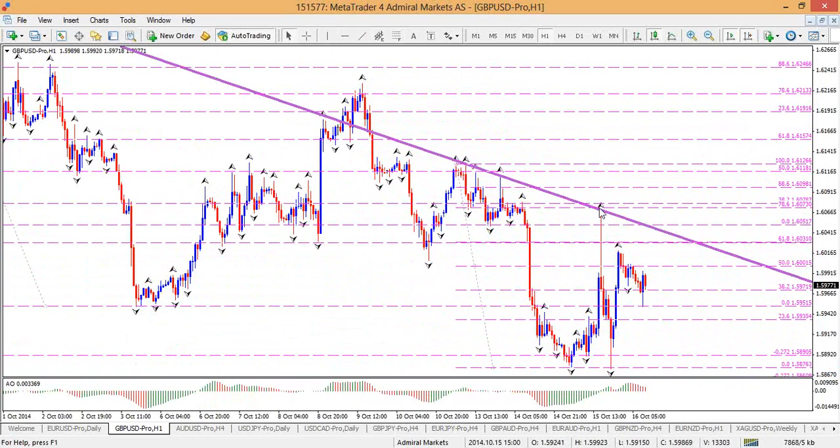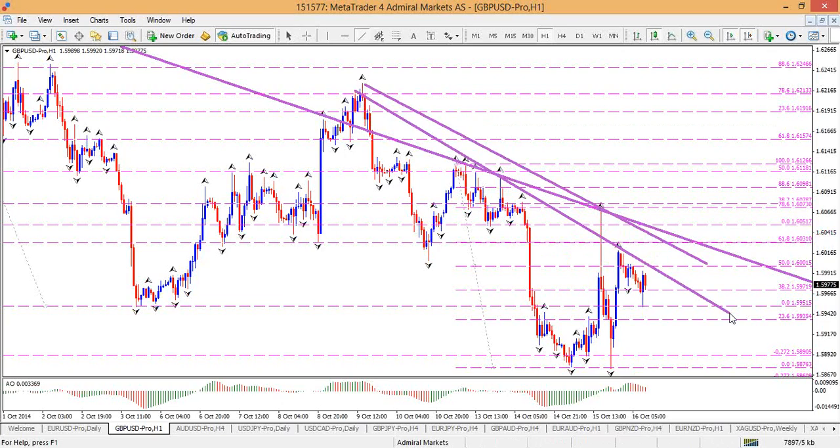And we see price stopped at the 78.6 fib yesterday to the dot, despite the hefty upside. So it looks still more bearish, if anything. We're pretty close to the 50 fib. We're underneath the trend line. We're underneath this trend line as well. And even this trend line still.